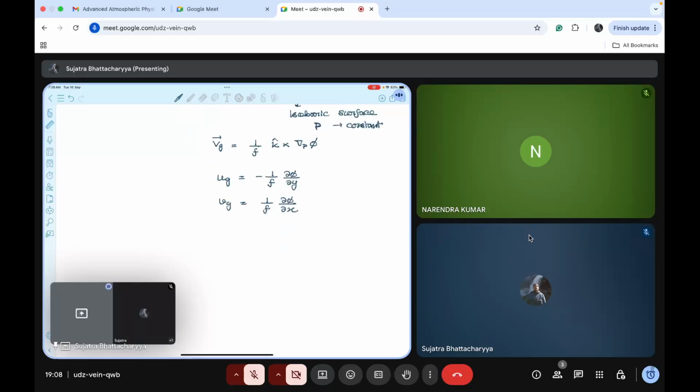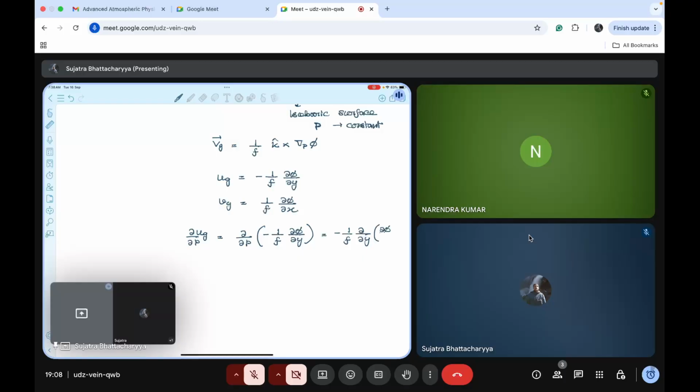Okay, we have defined the thermal wind, that is delta by delta p of UG. Let's try that. This is the vertical shear of the zonal geostrophic component. So it will be delta by delta p of minus 1 by f delta phi by delta y, which is minus 1 by f, since f does not vary with p, so it can be taken as a constant, delta by delta y.